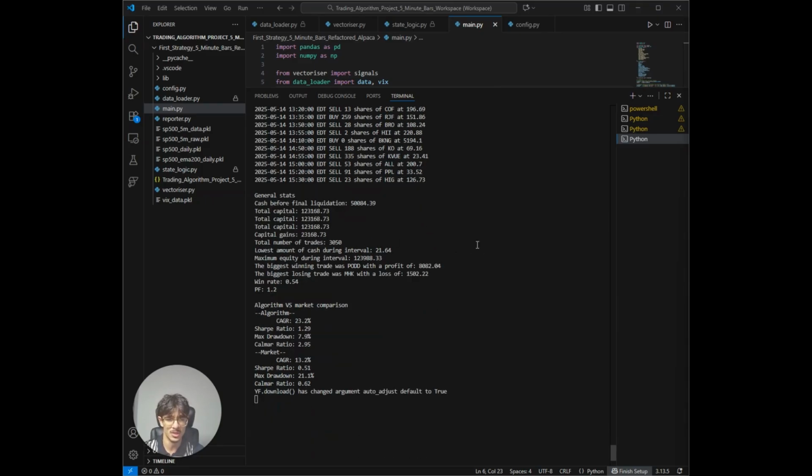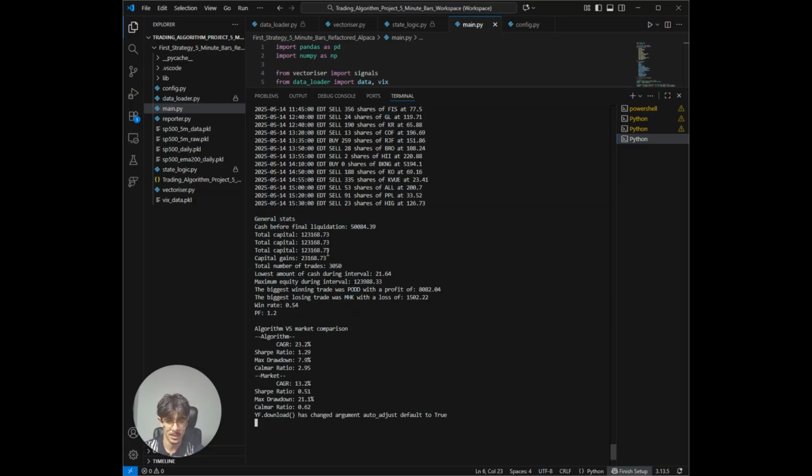I'll split the results into 2 parts, general stats and an algorithm versus S&P 500 comparison. In the general stats section, we can see that this strategy ended up with a total capital of about $123,000, starting from $100,000. This is roughly a 23% gain.